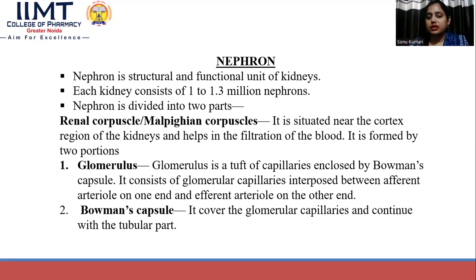First is glomerulus. Glomerulus is a tuft of capillaries enclosed by the Bowman capsule. It consists of glomerular capillaries interposed between afferent arterioles on one end and efferent arterioles on the other end. Second is Bowman capsule. It covers the glomerular capillaries and continues with the tubular part.